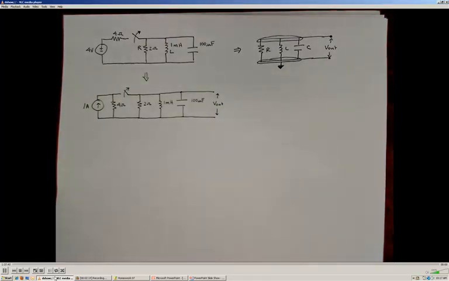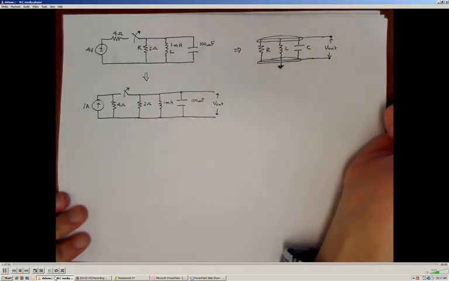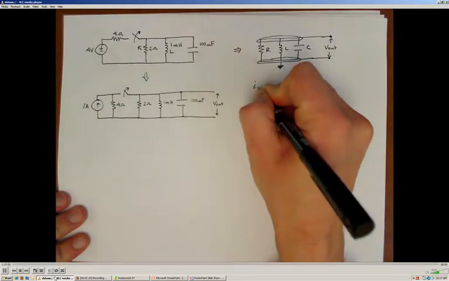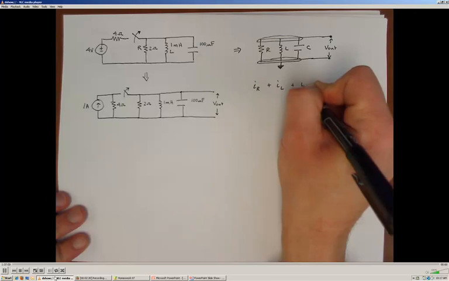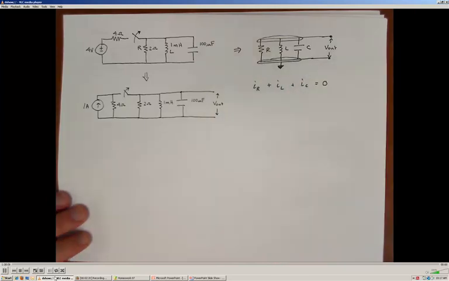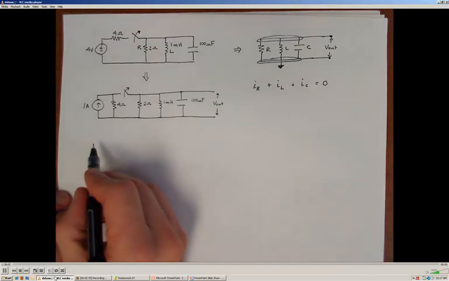I'm going to perform my Kirchhoff's current law balance for this top node. Kirchhoff's law tells us that the current through the resistor plus the current through the inductor plus the current through the capacitor has to sum to 0. Now I apply the current to voltage relationships for all of the elements.